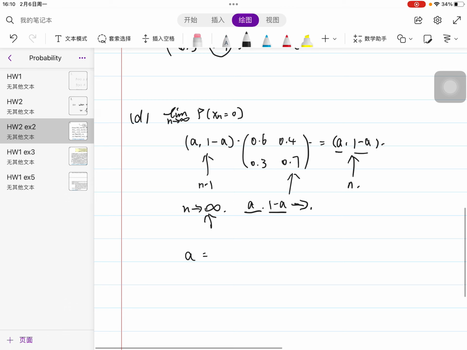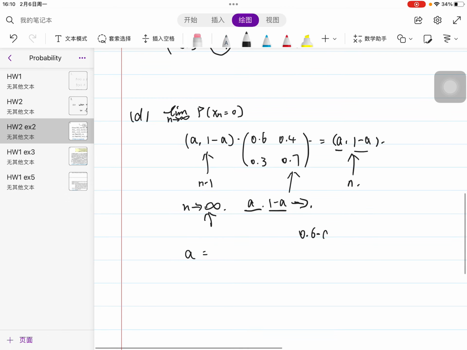So a equals 0.6 times a plus 0.3 times 1 minus a, equals a, right?